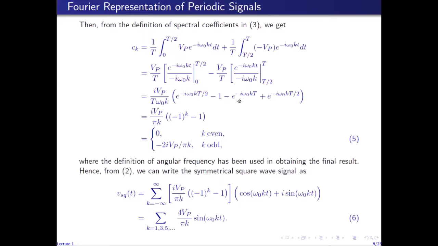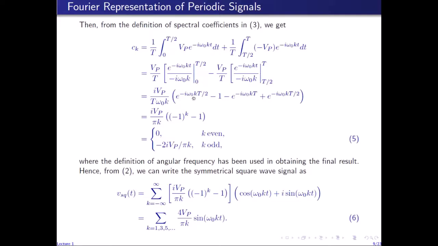I'll have minus 1 here, and I'll have a minus 2 here. Furthermore, this is the same term as this, so I'll have twice this exponential term, in which again, if I replace omega naught T with 2 pi, the 2 will get cancelled with 2. I'll be left with 2 times exponential of minus iota pi k.